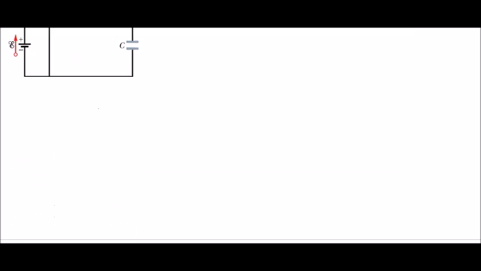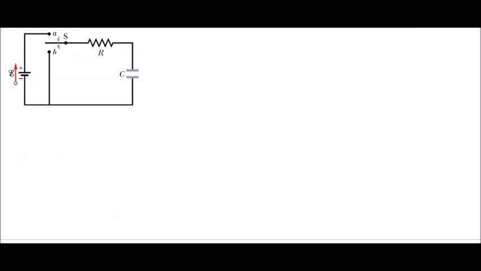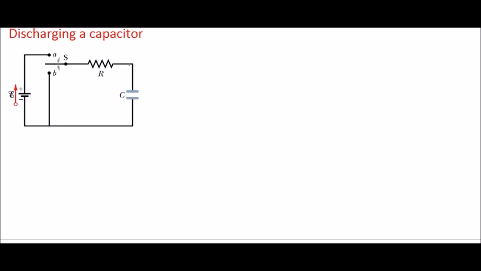Let's go to the next topic, which is discharging of a capacitor. So here we will discharge a capacitor. Discharging a capacitor means I connect the switch to the point B here. So I start with an initially charged capacitor.